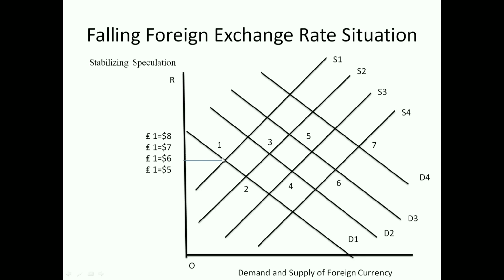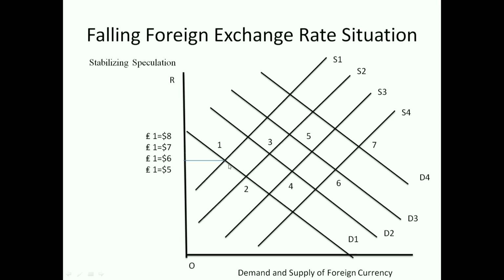Now what happens? If the foreign exchange rate of our country or the home nation is falling, it means the foreign currency's demand is reducing, or we say the supply of foreign currency is increasing. So we reach the point which is the second over here. Instead of the demand curve coming downward, the supply curve is coming downward and we arrive at the situation of 2.